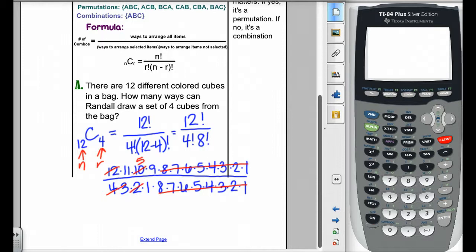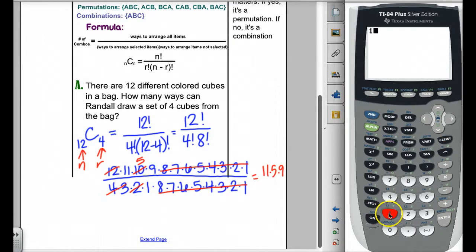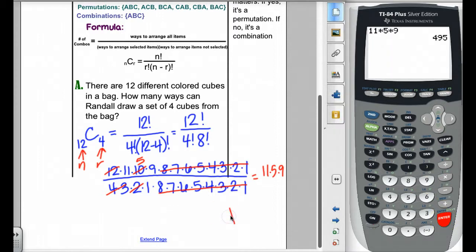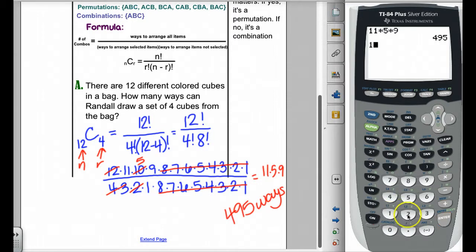Now I'm down to only a 1 in the denominator, which means all I have left to multiply is 11 times 5 times 9, which is a whole lot easier to do. If I take 11 times 5 times 9, I get 495 options or ways.